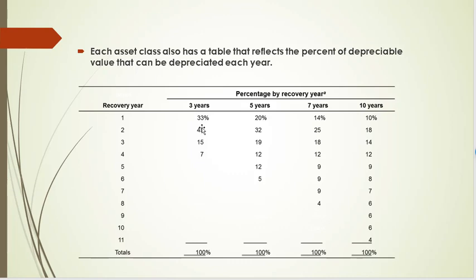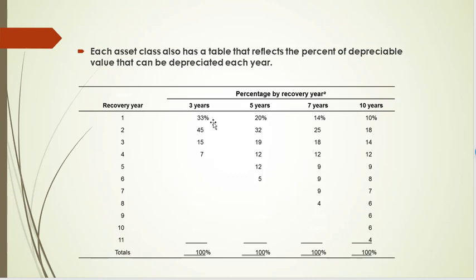Now what I want you to pay close attention to is a 3-year asset is depreciated over 4 years. A 5-year asset is depreciated over 6 years. This extra year is a half year. So this first year, it's really only a half year's depreciation. This last year is the last year.